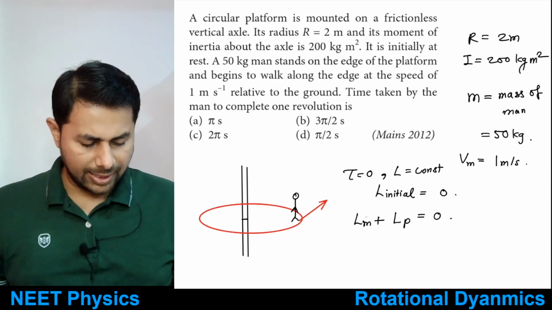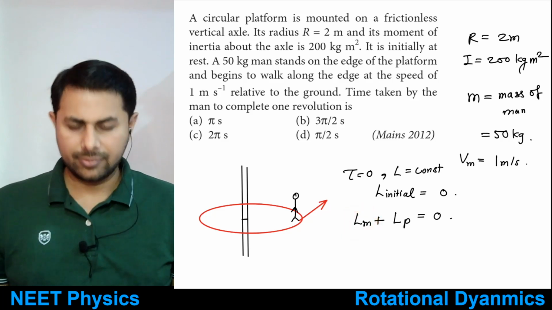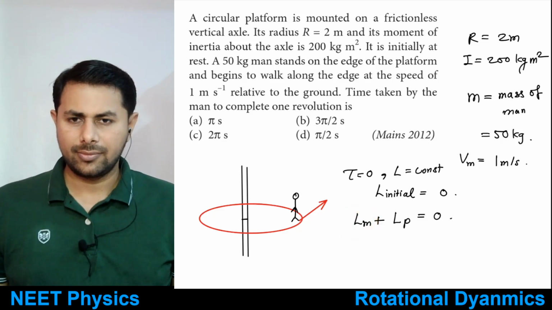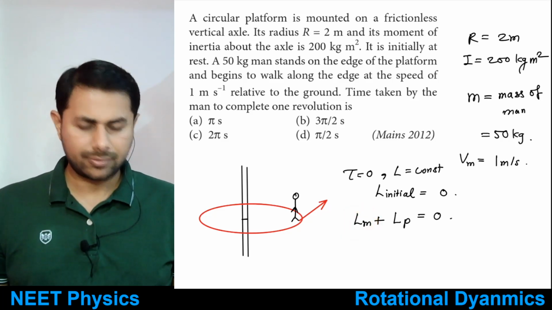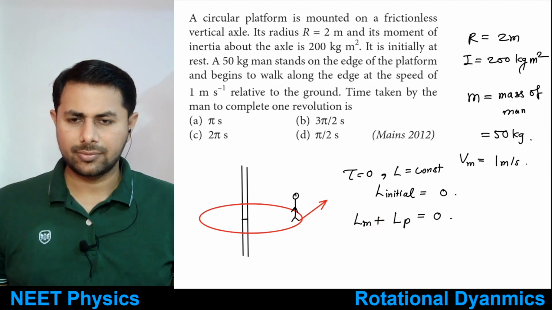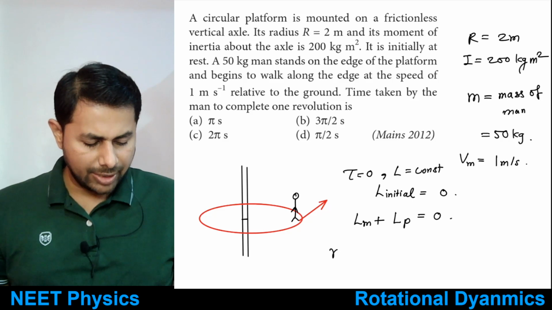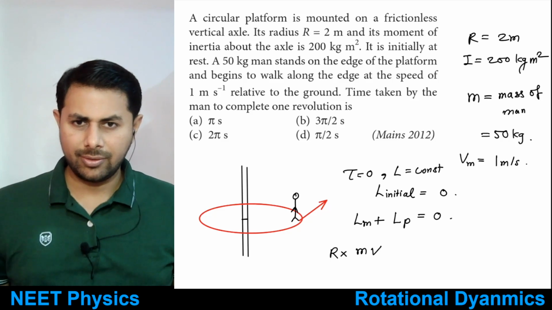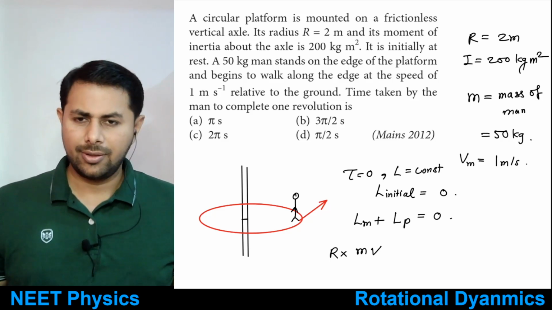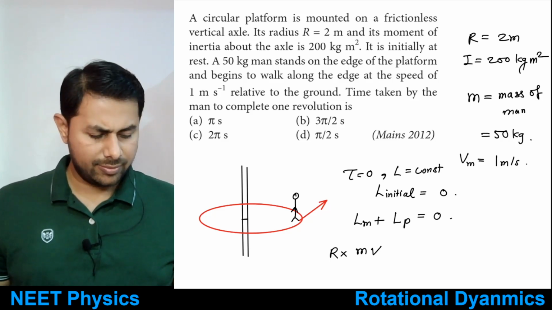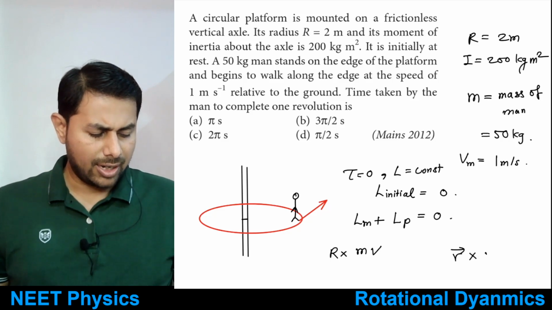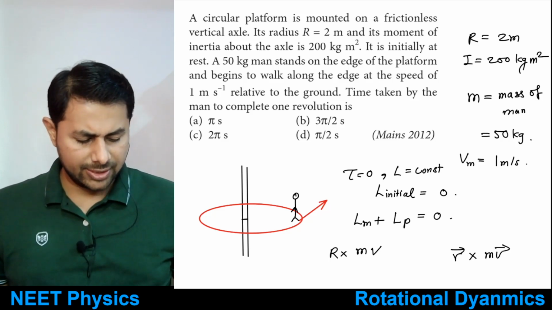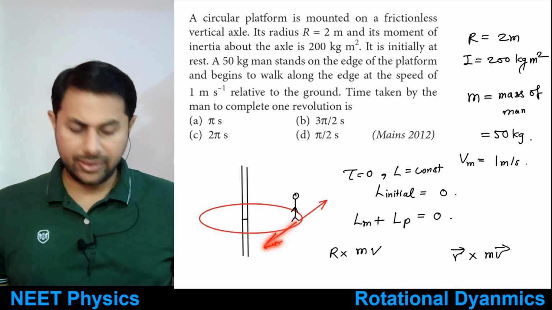So now what is angular momentum of man? Tell me. It is moment of linear momentum, right? So it is r multiplied by mv. Actually it is cross product, r cross mv, but velocity is tangential, right? He is walking like this.